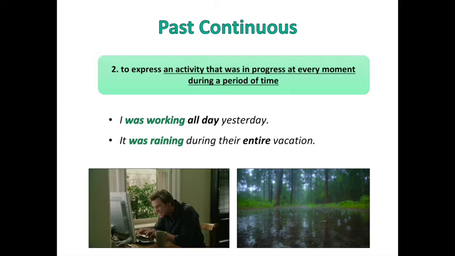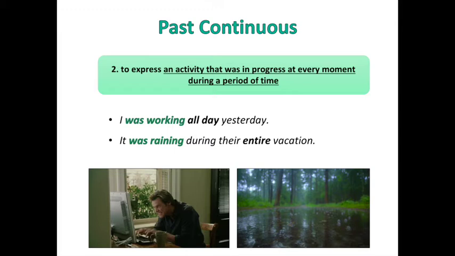So when you see something like all day, all week, all year, the entire day, that's a good sign that you're going to use a continuous tense, because continuous tenses focus on an action in progress and the duration.